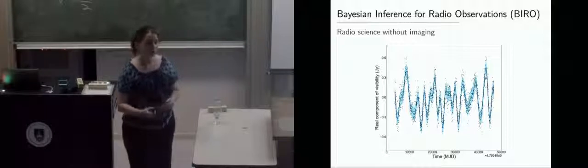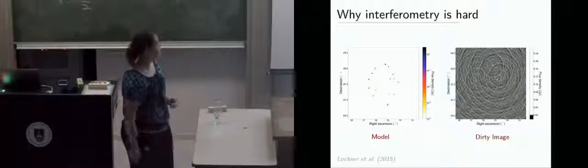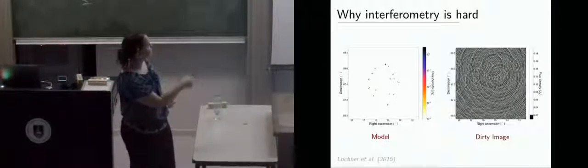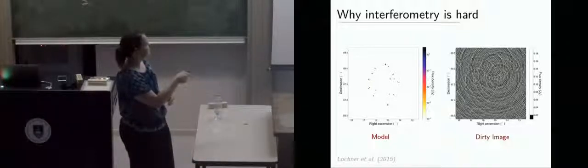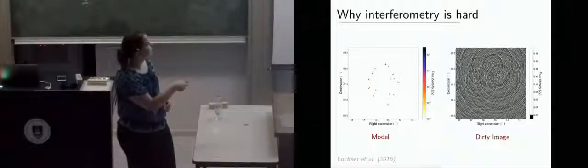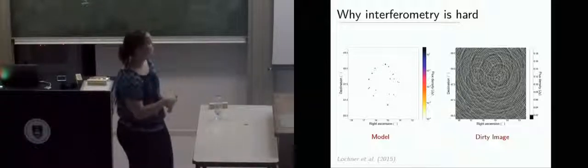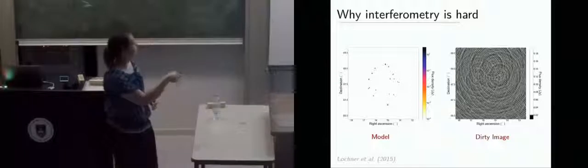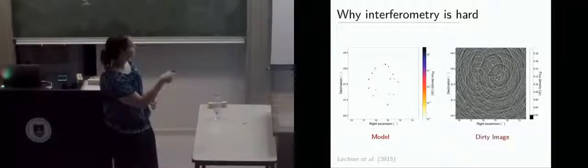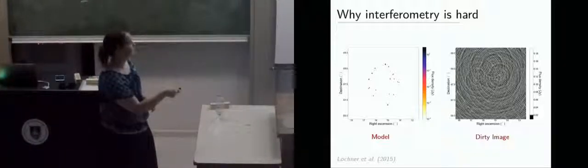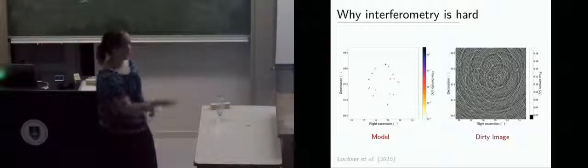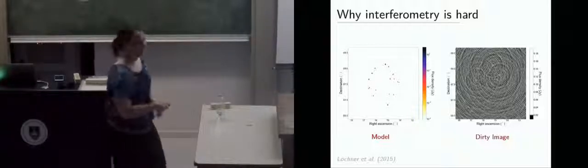But one of the problems is that if you were to make an image, say here I did another simulation, there are about 17 sources in here, just point sources, with the Westerbork telescope, which is particularly bad for this. If I make an observation with an interferometer and make an image, I get something that looks like this. You're going to see a lot of these today.